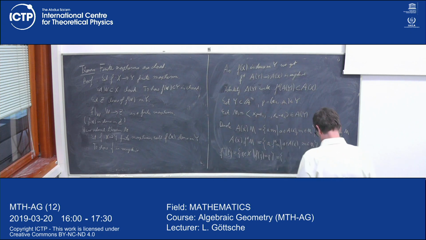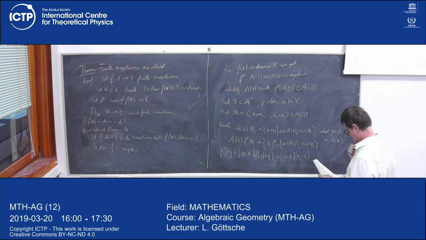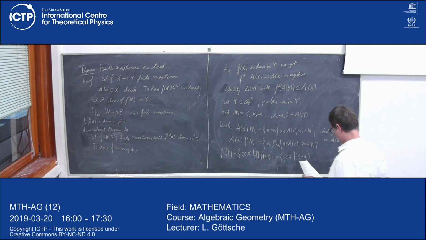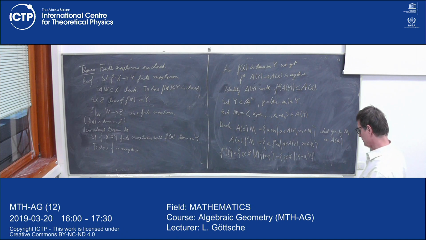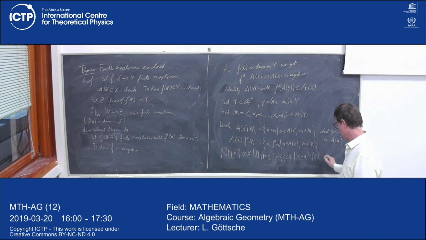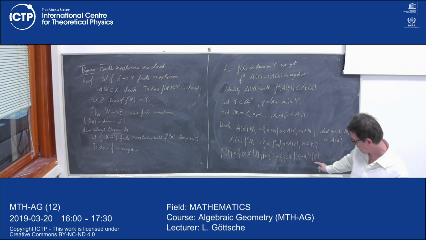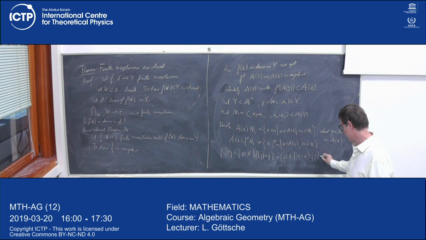So this is the set of all Q in X such that xi minus ai, so this is point P, if I compose this with F, so I take F, then this gives me a map from X to Y, and then apply xi minus ai to it, this should be equal to 0.